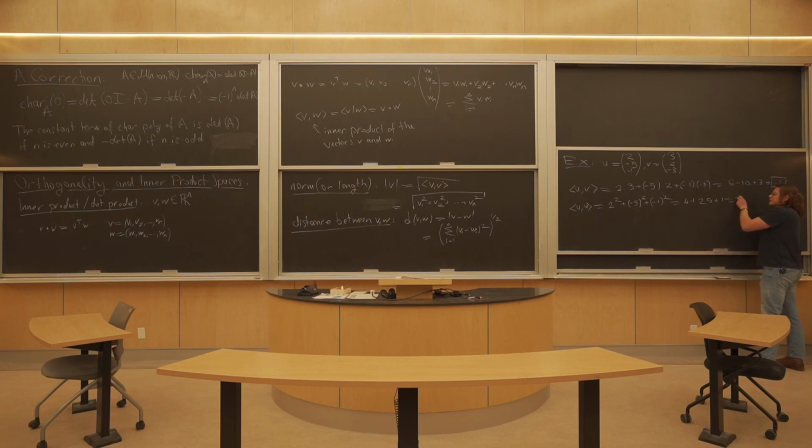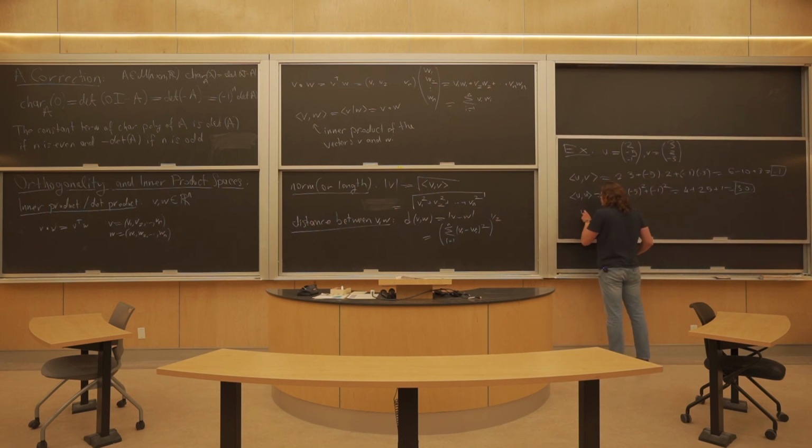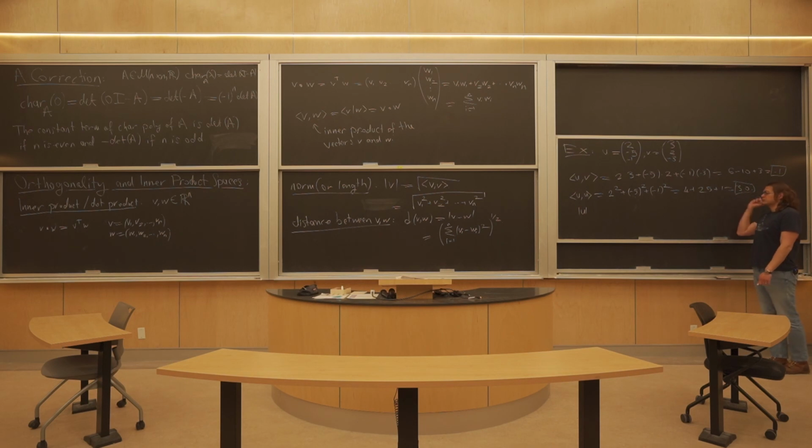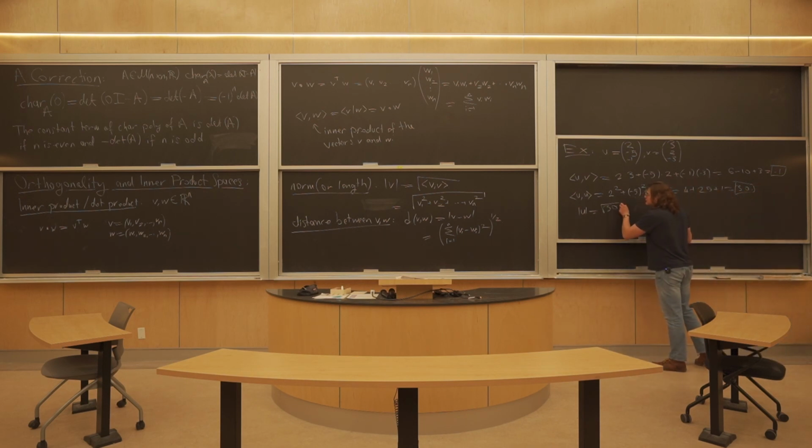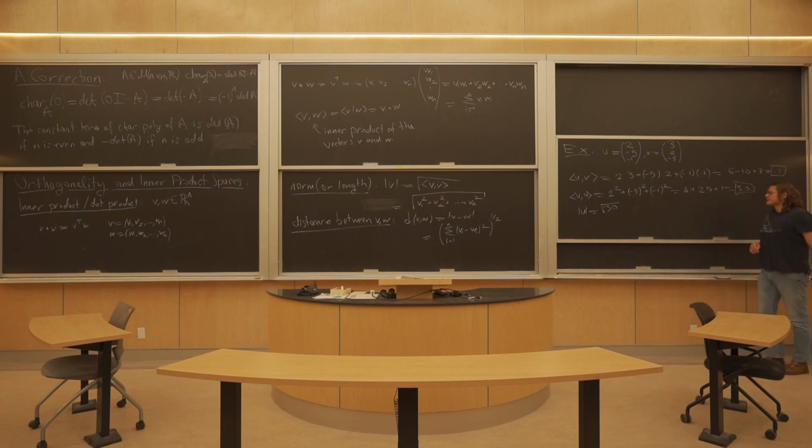Oh, 30. Yes, 30. And so if I were to consider the norm of u, or the length of u, I need to take the square root of this. In this case, this is just root 30, of course.